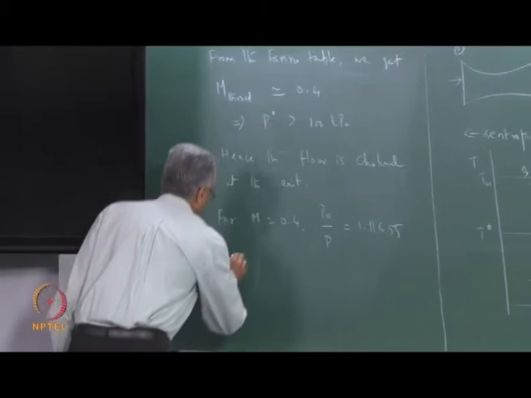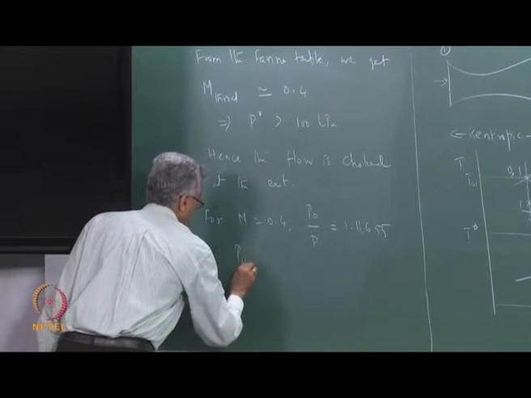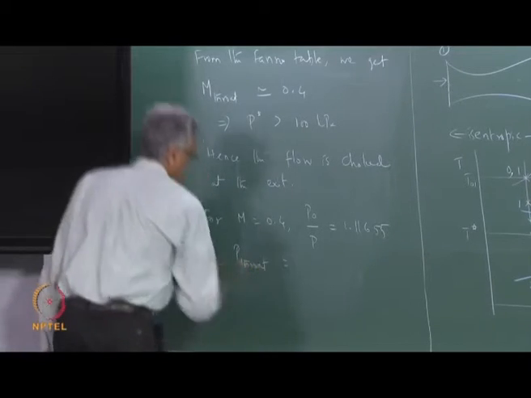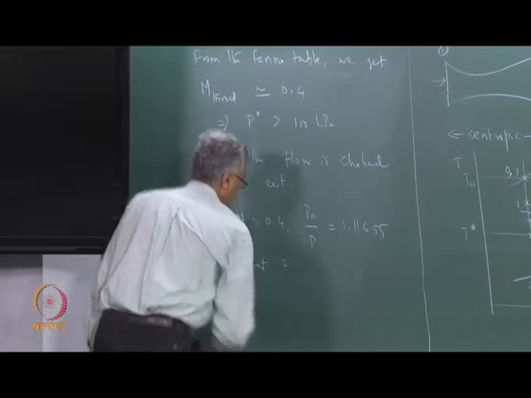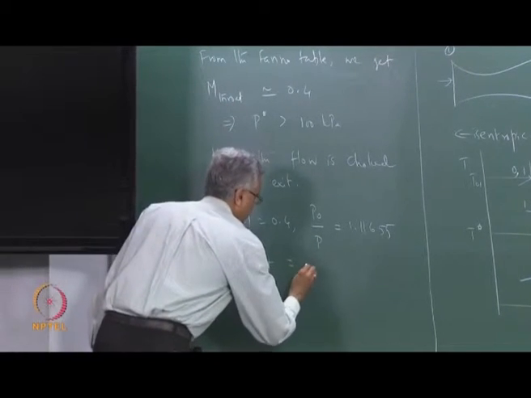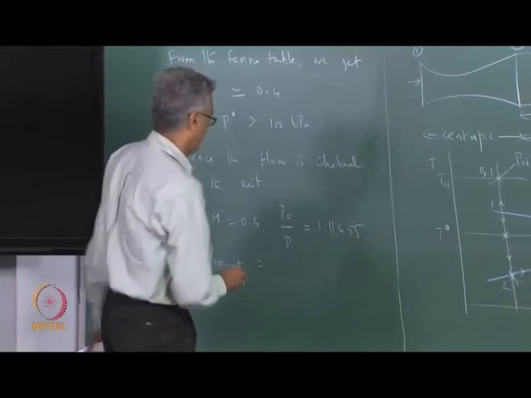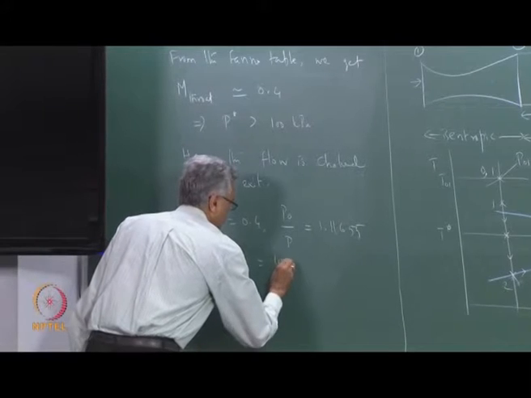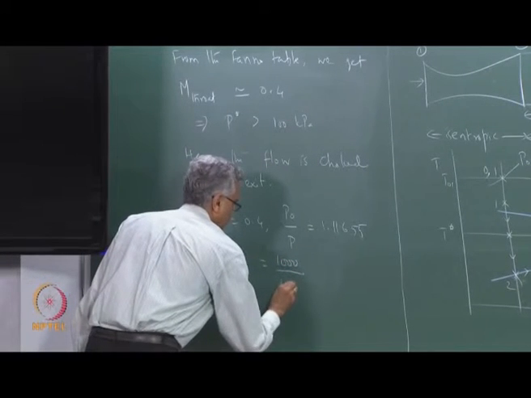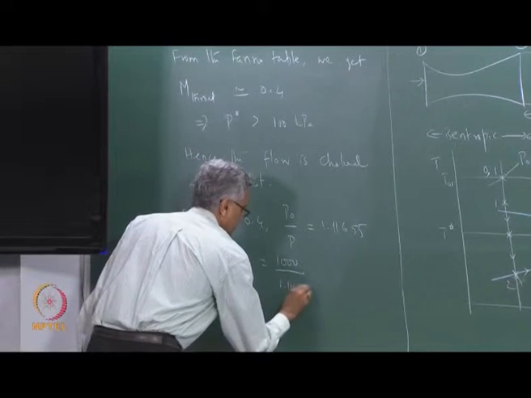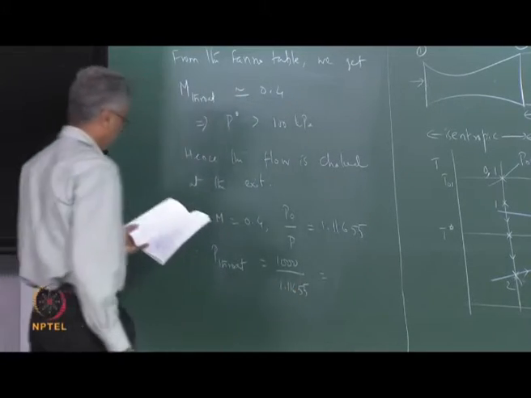P0 is known, therefore P throat is equal to P0, which is given to be 1 megapascal, so that is 1000 kilopascal, divided by 1.11655.